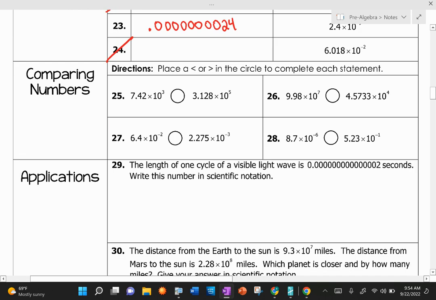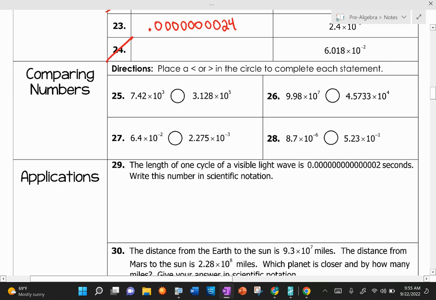Okay. Number 25. Look down at the next section, comparing numbers. The directions say, place a less than or a greater than sign in the circle to complete each statement. On number 25, we have the number 7.42 times 10 to the third power is either less than or greater than 3.128 times 10 to the fifth power.